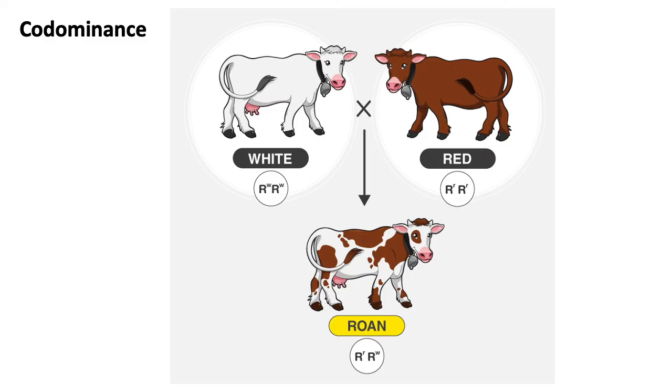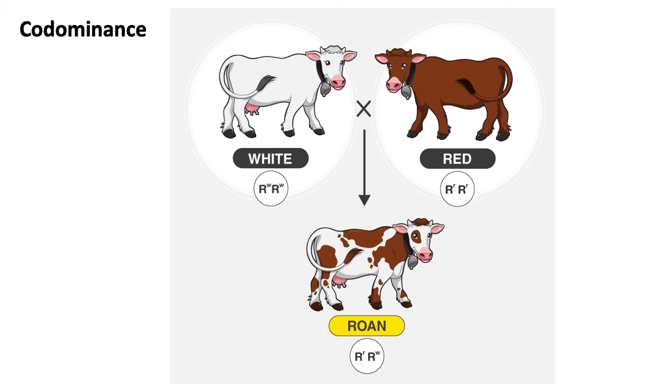For example, there is a gene in cattle that controls hair color. An individual that is homozygous for the white allele of this gene will be white. An individual that is homozygous for the red allele of this gene will be red. And an individual that is heterozygous, meaning it has one white allele and one red allele, will be what we call roan.